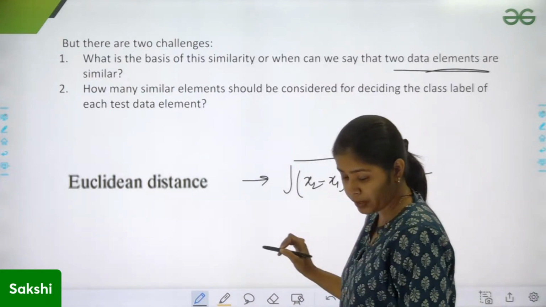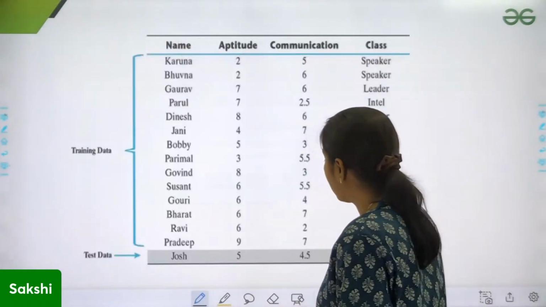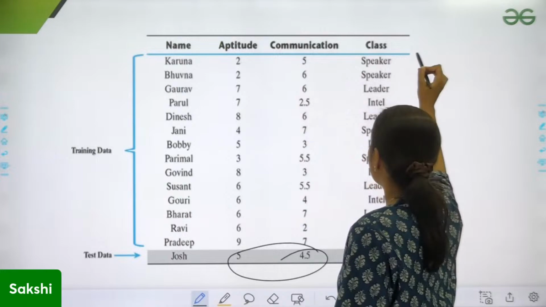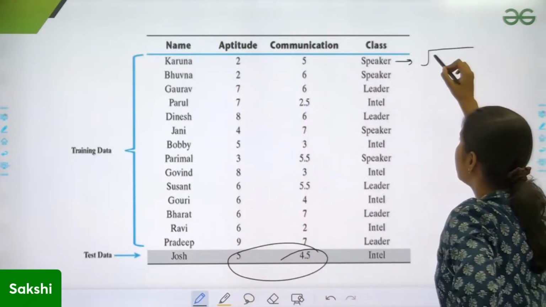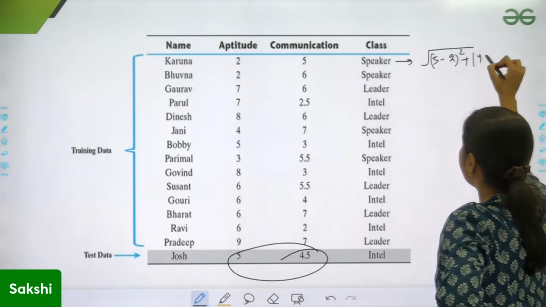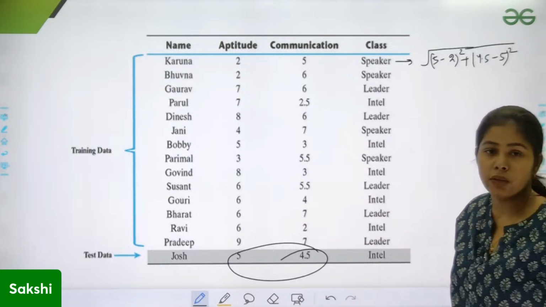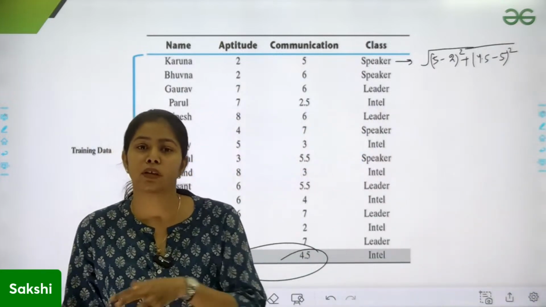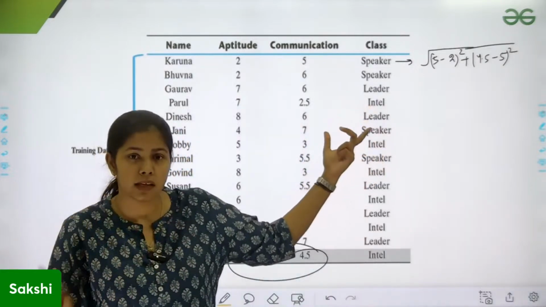So in the previous case, if I have to find the distance of 5, 4.5 with Karuna, the distance would be (5 minus 2) square plus (4.5 minus 5) square. Guys, you should understand how to find this distance, because there was one question in GATE 2024 which we are going to discuss.